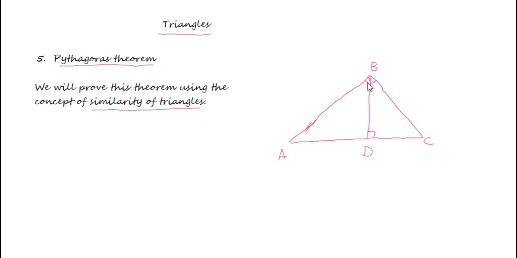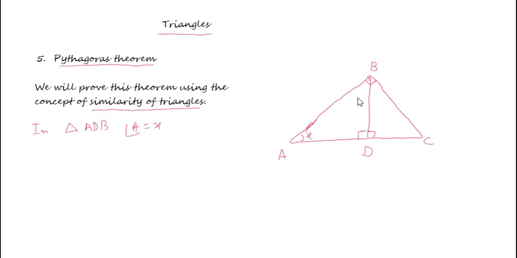Let us take a right angle triangle, right angled at B. Triangle is ABC, and now from B let us draw a perpendicular onto AC, and BD is the perpendicular. In triangle ADB, let angle A be X. Now this is 90 degree, therefore this plus this angle is 90 degree.